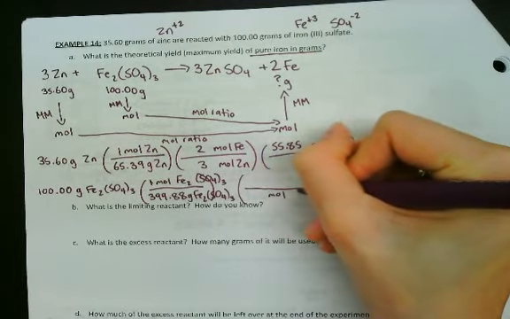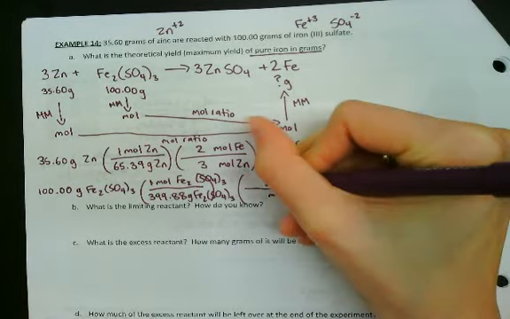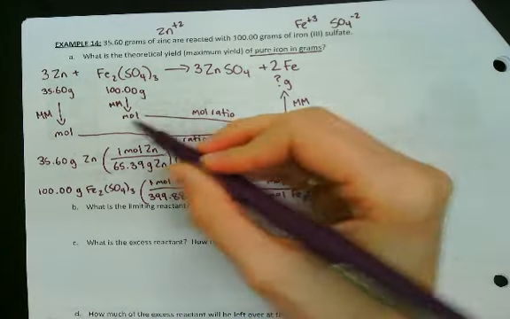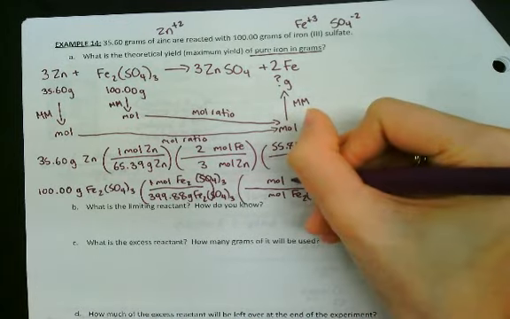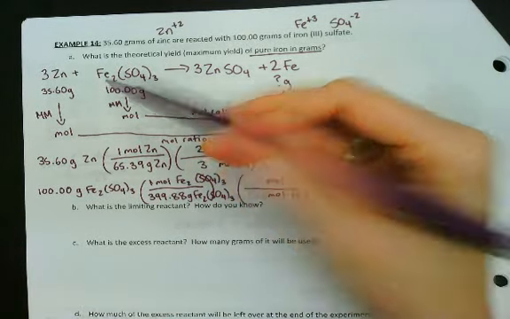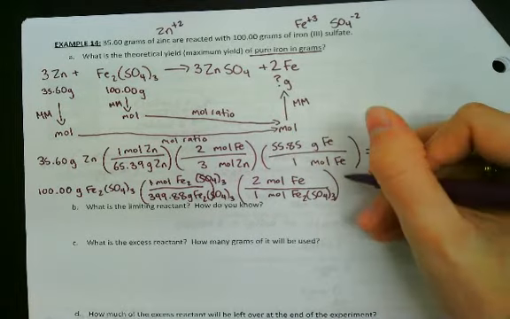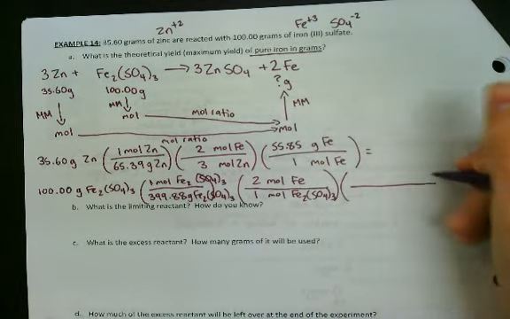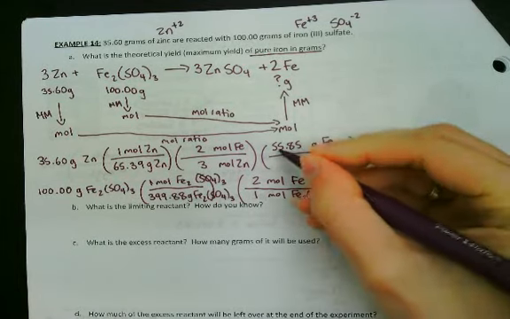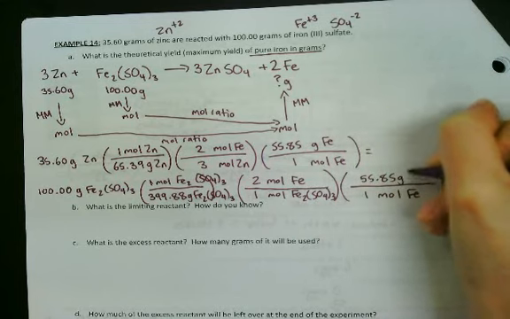Okay, then over here, I've got my moles of iron 3 sulfate. And we're going to go to moles of iron, just like our map tells us that we drew to help keep ourselves organized. So for every 1 mole of iron 3 sulfate, we can make 2 moles of iron. And then in 1 mole of iron, we have 55.85 grams of iron.